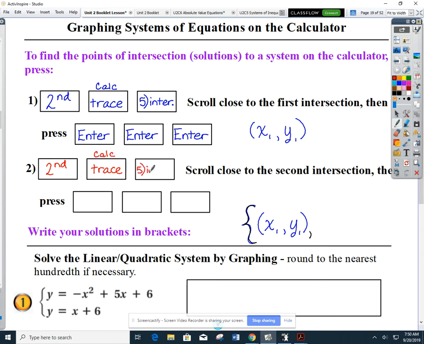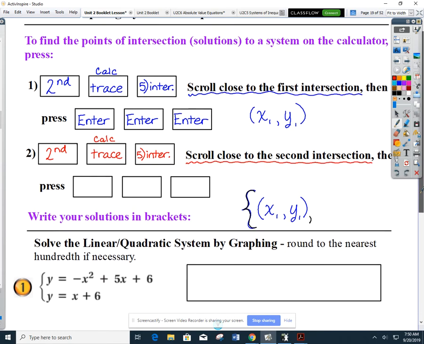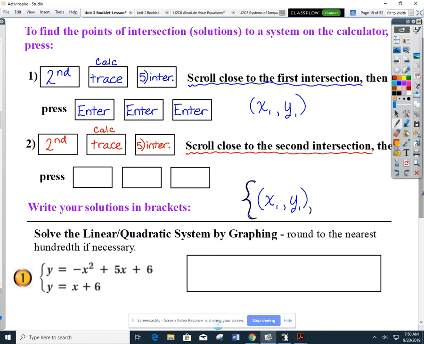Option 5. And this time we're going to scroll close to the second intersection. It's just whichever one you didn't use the first time. And then once you get nice and close to it using the arrow buttons, you're going to hit enter, enter, enter.